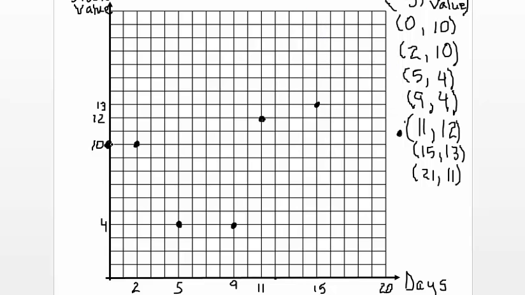All right, so I am going to connect these points with a line. And notice how the story is told. If I was doing this on paper, I could actually use a straight edge and write this much better.